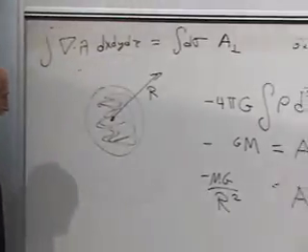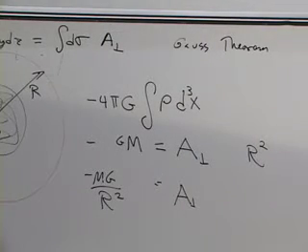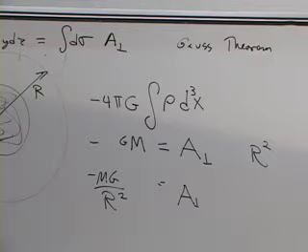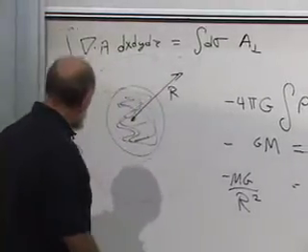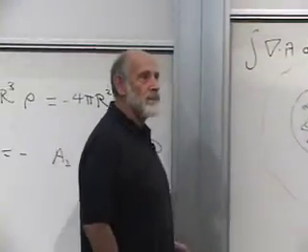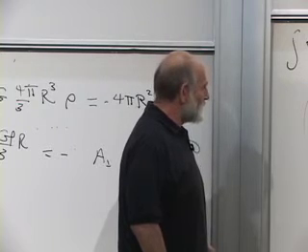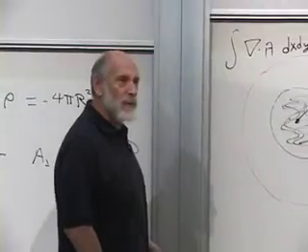The mass of a sphere has got to be the volume times rho. The mass of the Earth is 4/3 pi r cubed times rho. Right. So on one side you have a 4 pi, and on the other side you don't. Is that good or bad?